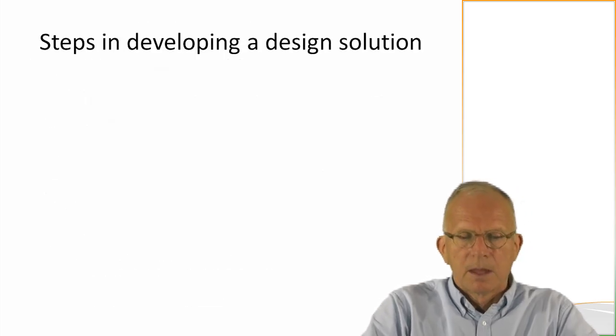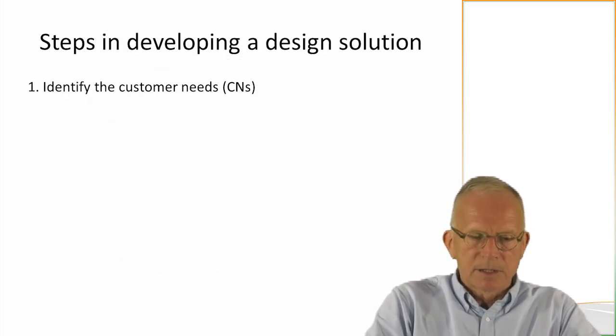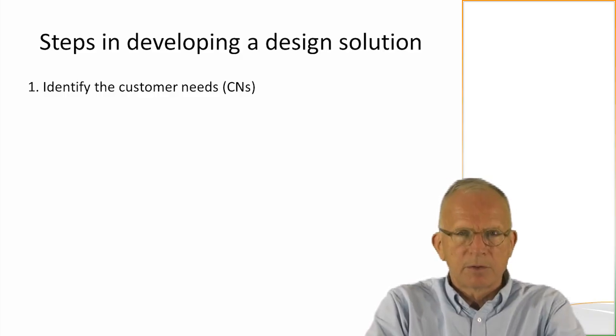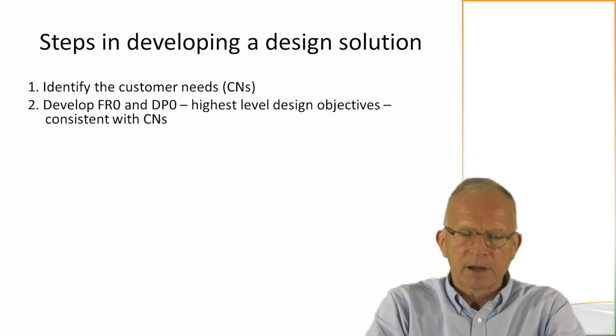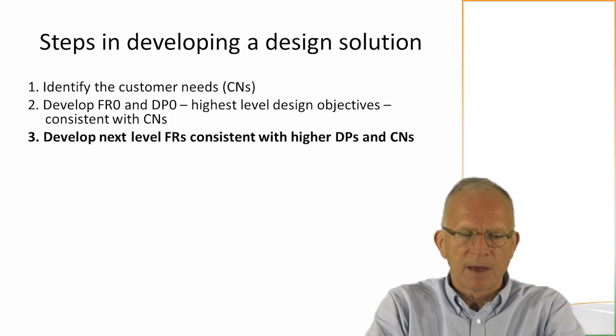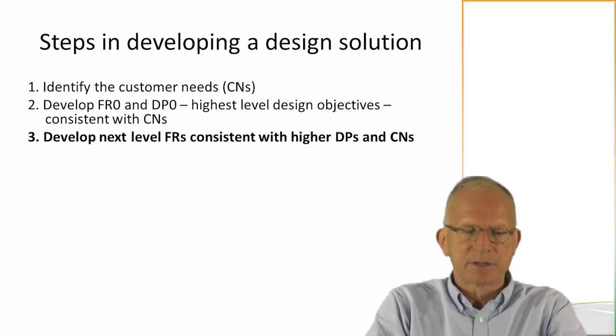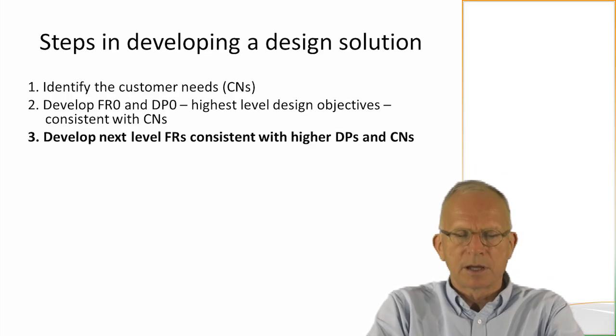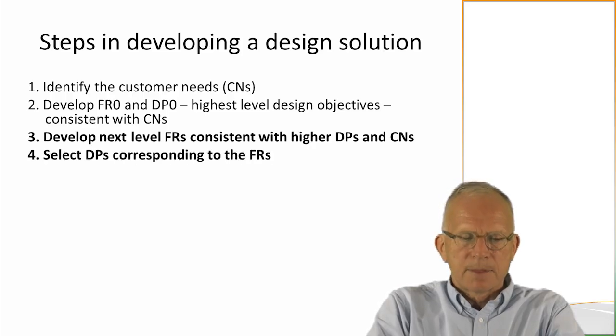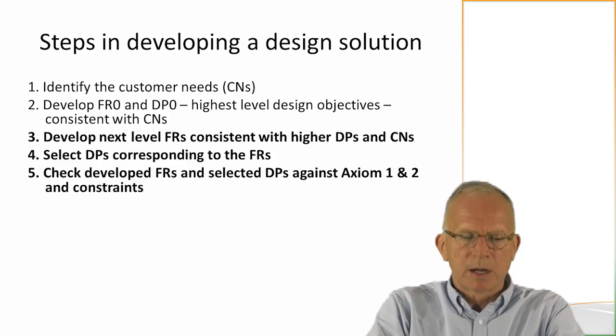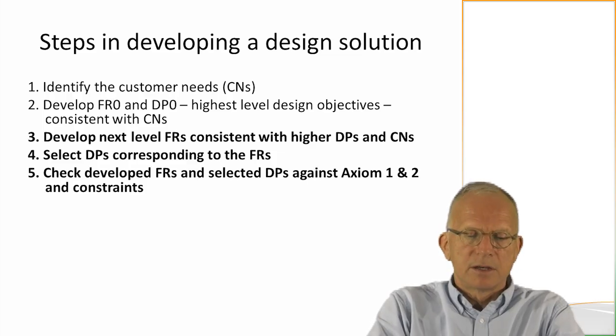All right, so steps in developing a design solution. And we've been through these before. Identify the customer needs, develop the FRs and the DPs at the highest levels so they're consistent with the customer needs and with the constraints. Select DPs for the corresponding FRs.